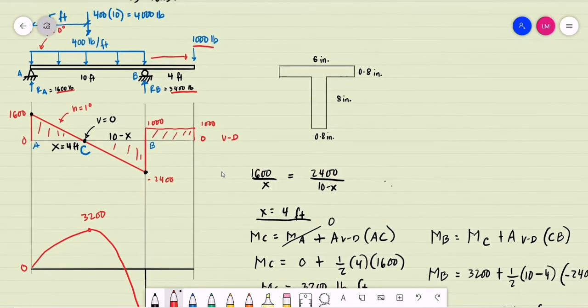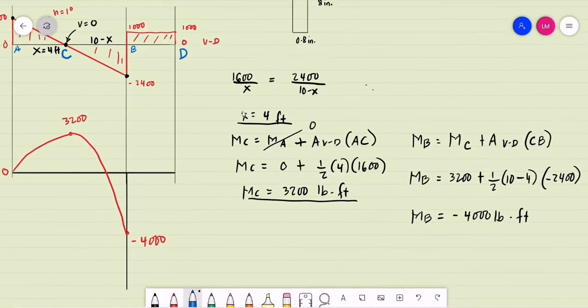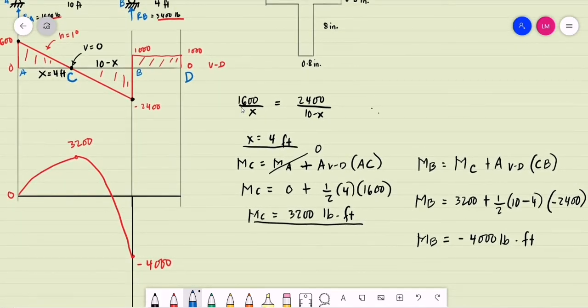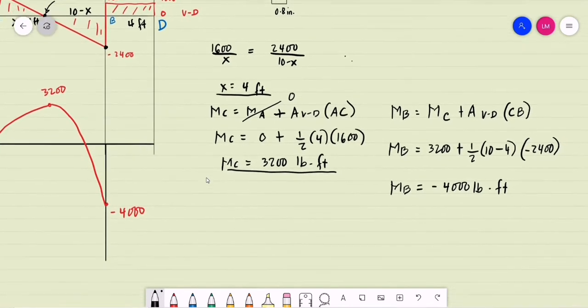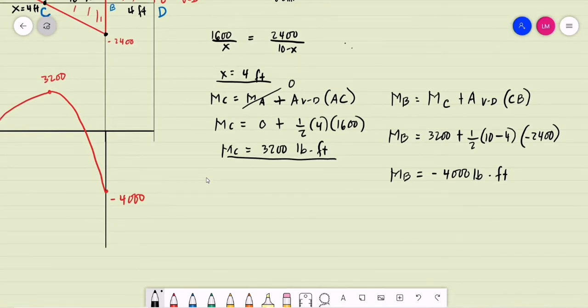Then we are introducing another point on our shear diagram. Let's say this is point D, on the free end of the cantilever portion. We are to compute for that moment. The area of the shear diagram is 4 feet long with a magnitude of 1,000. Since there is a free end, the moment should be equal to 0. The moment at D is equal to the moment at B plus the area of the shear diagram from point B to point D. What is the moment at B?